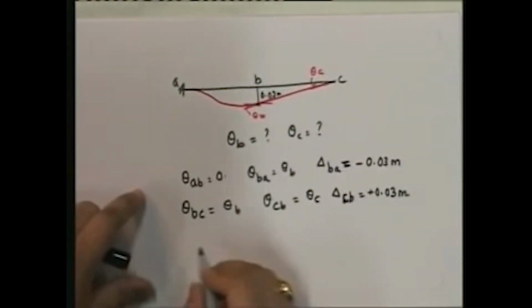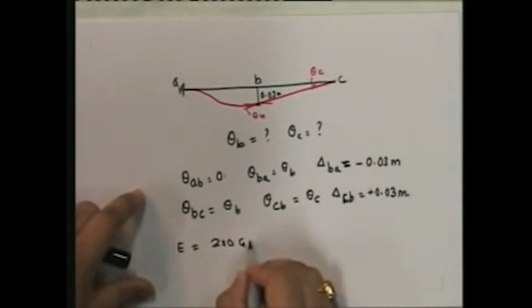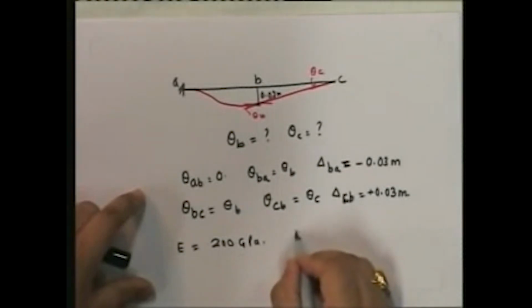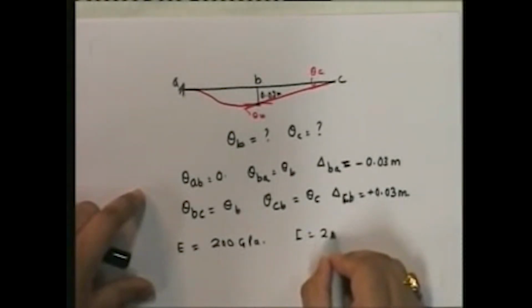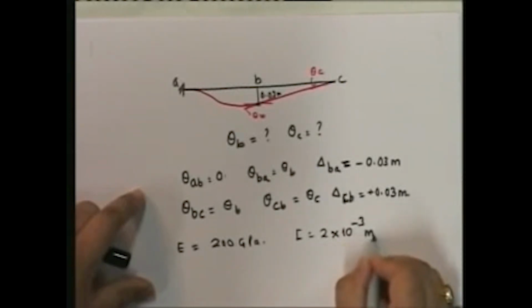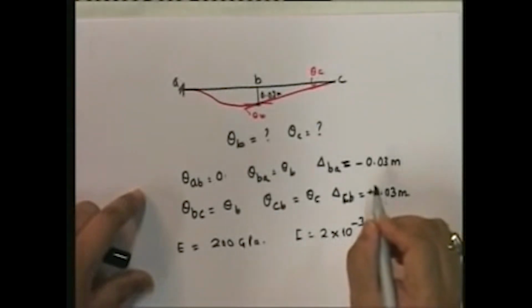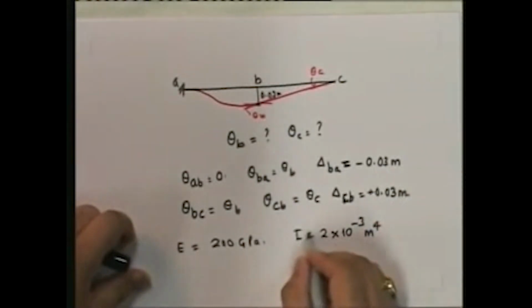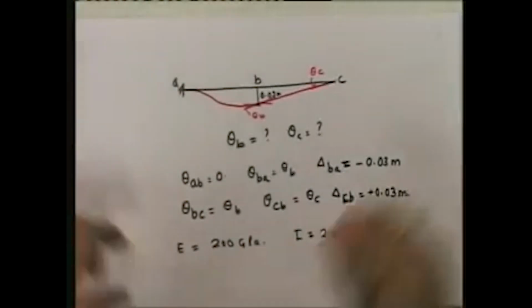Note that we are given that E is equal to 200 GPa and I is equal to 2 into 10 to the power of minus 3 meter fourth. So these are what are given.